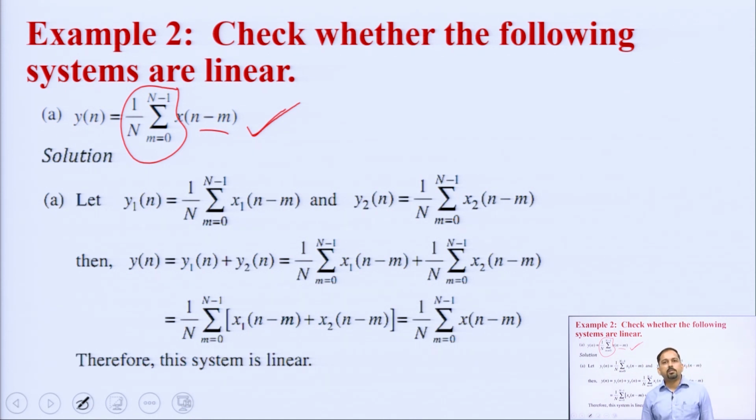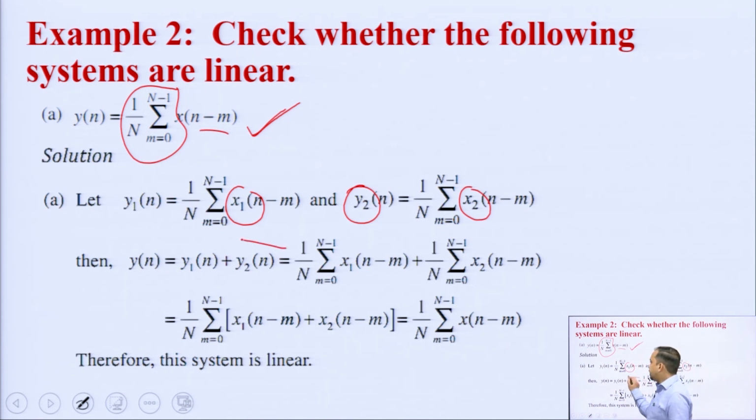So, the system is performing two tasks here. It is shifting as well as averaging the signal. So, we have y1(n) due to the input x1(n), and y2(n) due to the input x2(n).